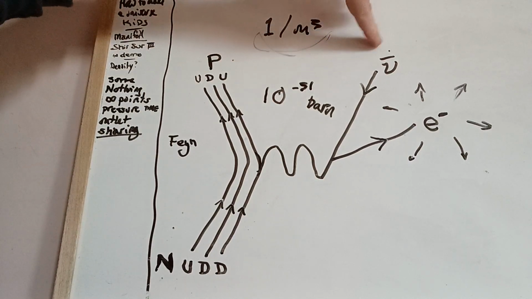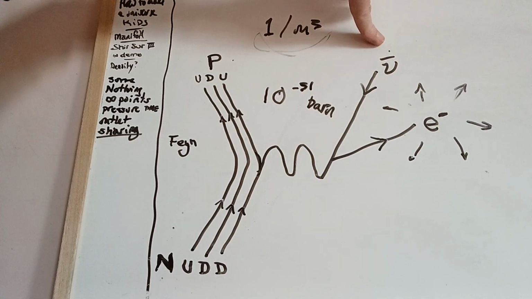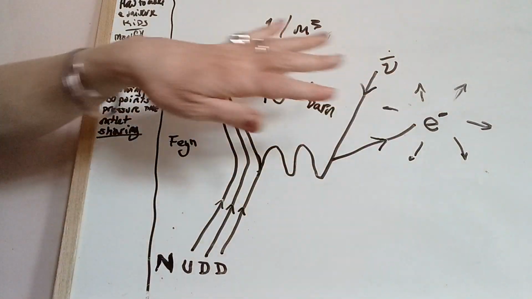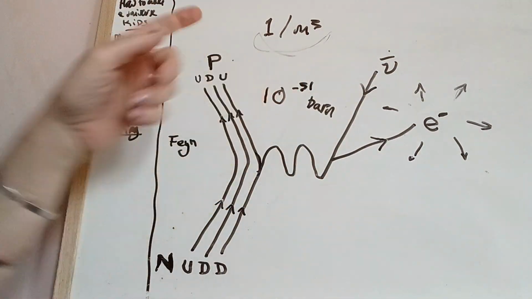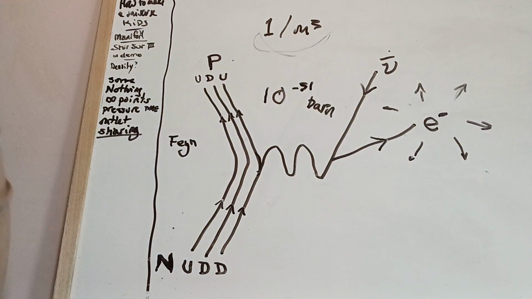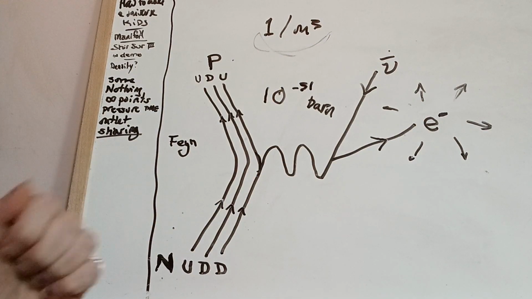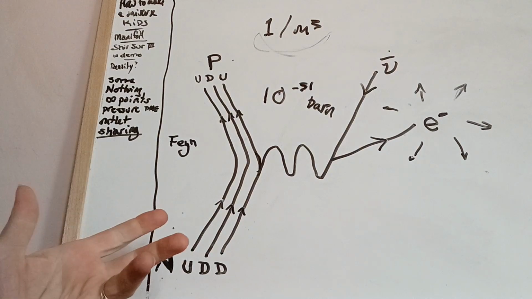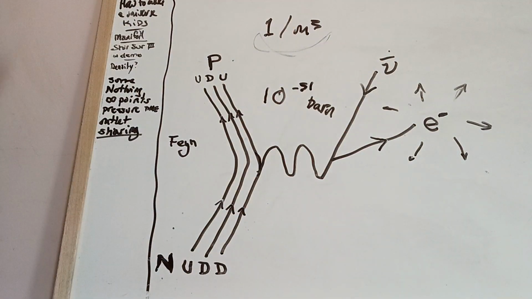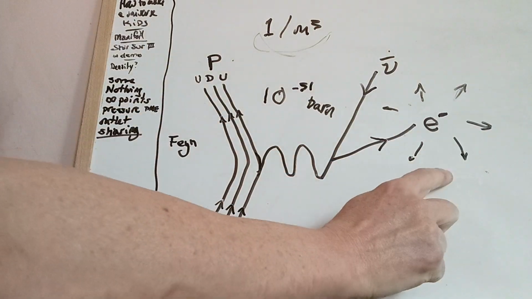So a proton, an antineutrino, and an electron. These 3 particles. So 1 per cubic meter, 1 per cubic meter, 1 per cubic meter, and we'll have the neutron flying through it. We'll imagine that these are still, because locally they will be still. Okay? So if anybody wants to do that, feel free, but I'm just explaining that this is where it comes from.